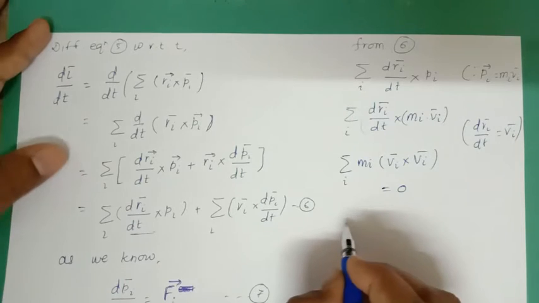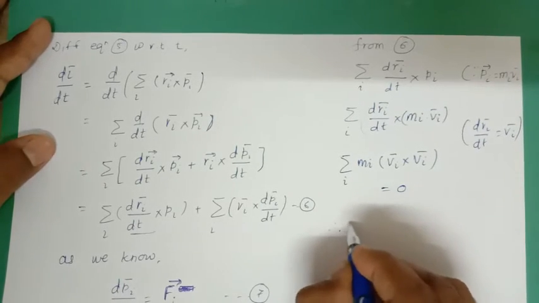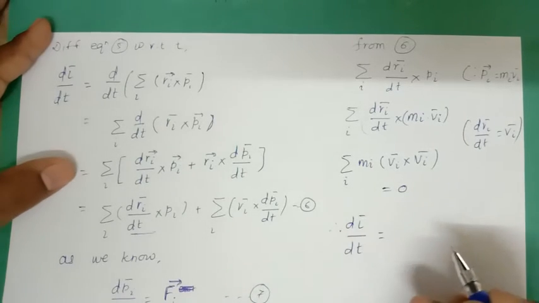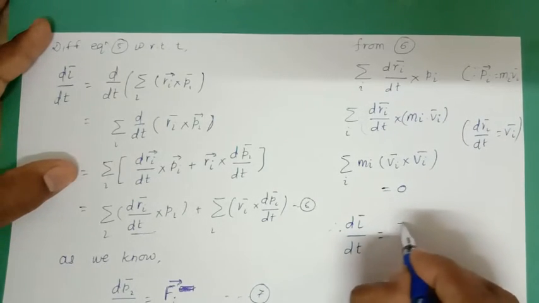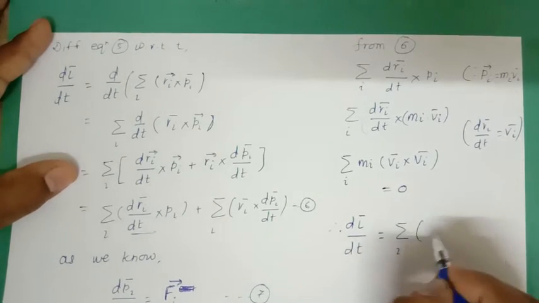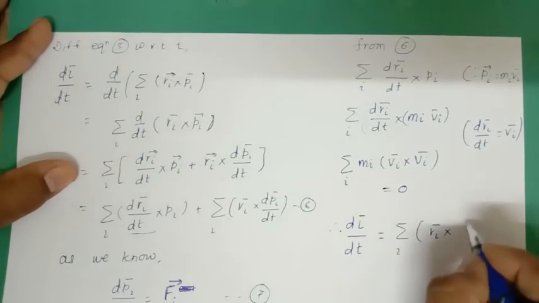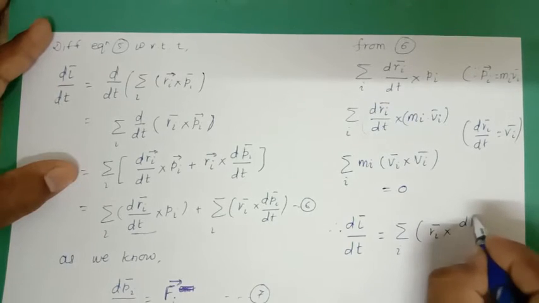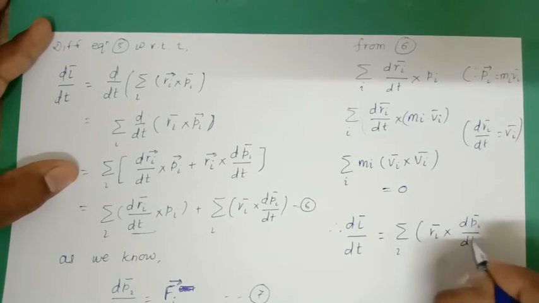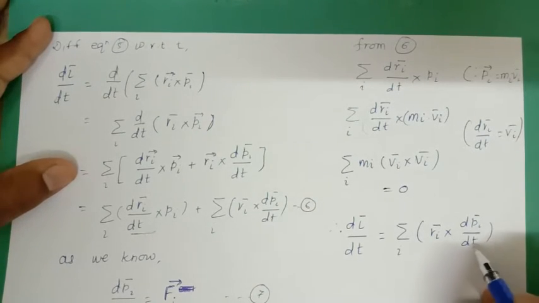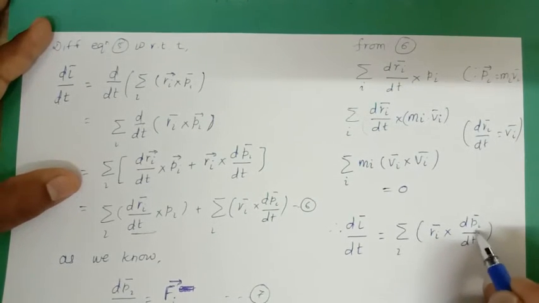Okay, so I'll write this dL by dt separately: summation over i as it is, ri bar cross dpi by dt.